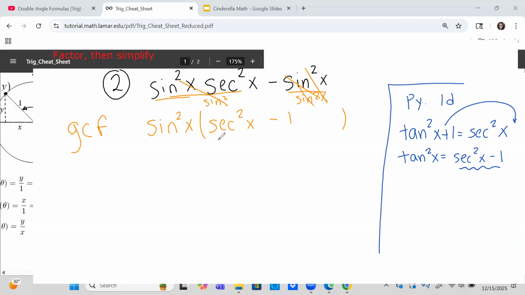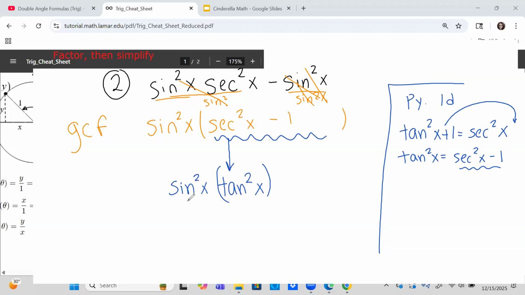That is what we have, underlining in blue here. We can make that substitution using that Pythagorean identity to help us. So we are going to change secant squared minus 1 into tan squared. And then we still have sine squared.